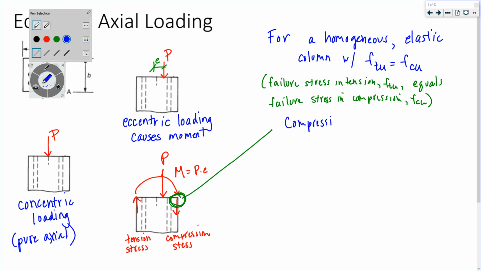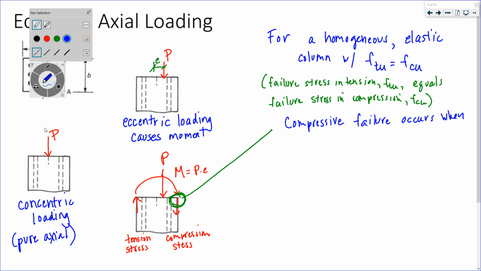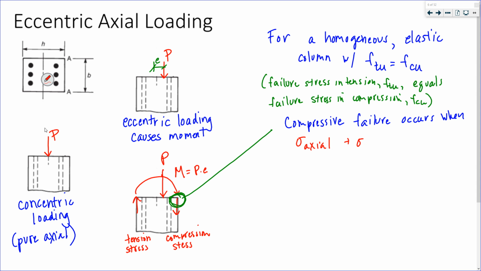Compressive failure occurs when my stress due to that axial load P, plus the stress due to my moment, equals my failure stress in compression.